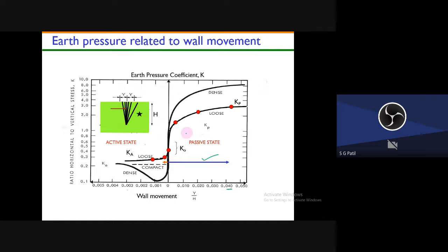So to obtain this passive earth pressure, the wall should move to a greater length. Whereas in active earth pressure, the wall movement is very small. Even a few inches of wall movement is enough to get these active earth pressures. To get the passive earth pressure, the wall should move to a greater length, maybe a few centimeters.